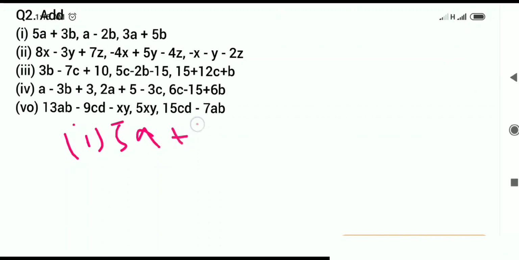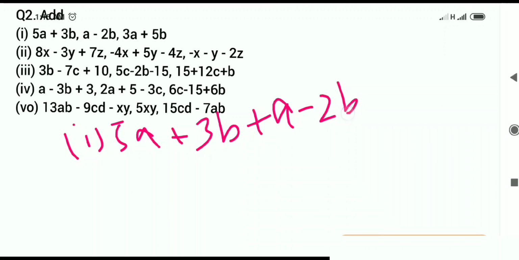5a plus 3b, give us plus sign, plus a minus 2b plus 3a plus 5b. Now we rearrange these values and write values with same variable together.